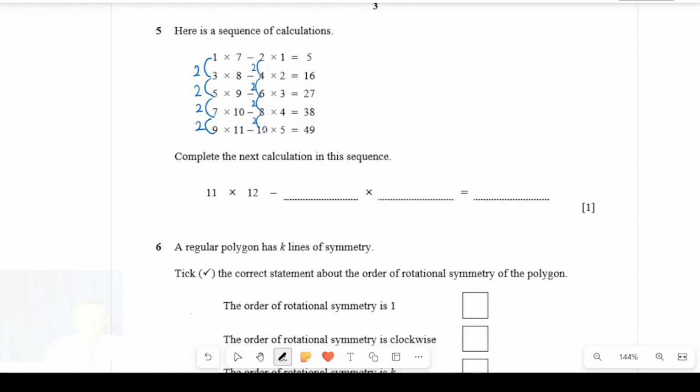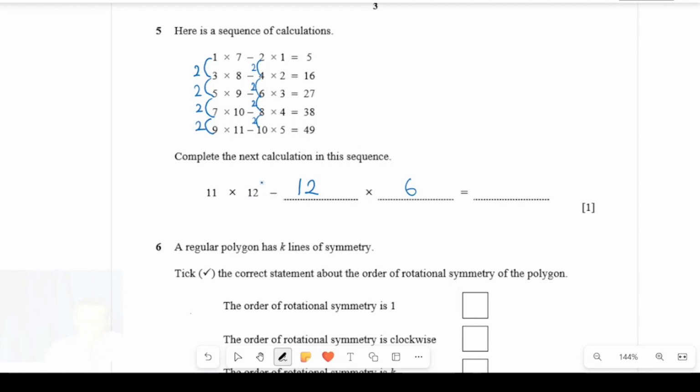So after that, what will you do? Add 2 to this one, so that is going to give us 12. Multiply. If you see this is increasing 1, 2, 3, 4, 5, then the next one here is going to be 6. Then you can collect like terms.